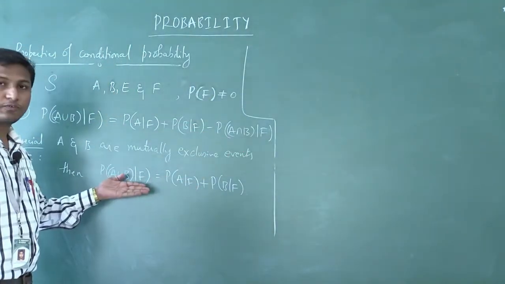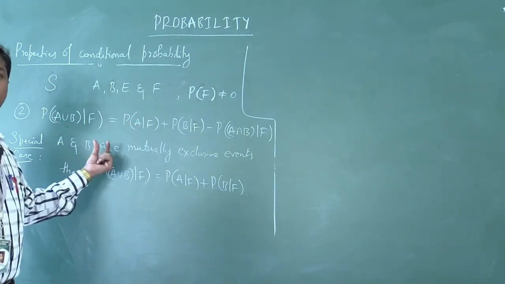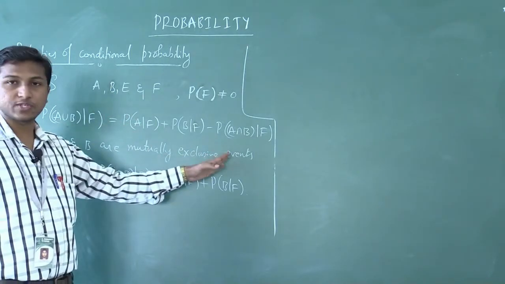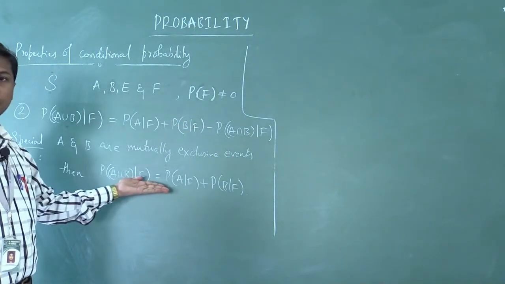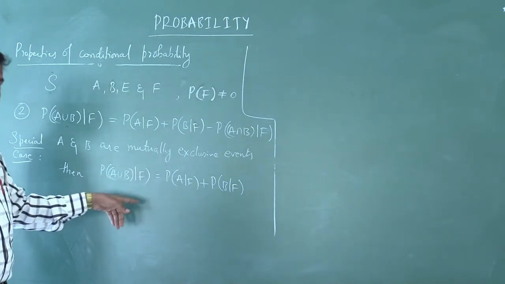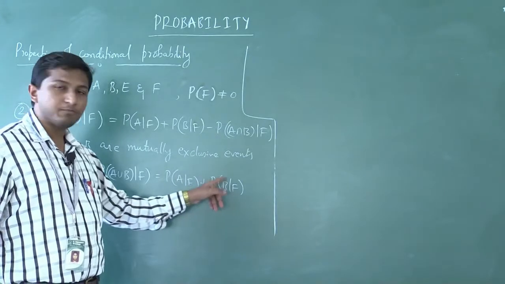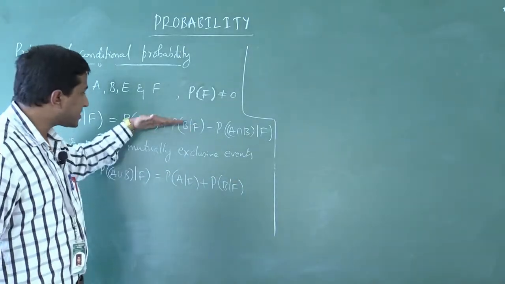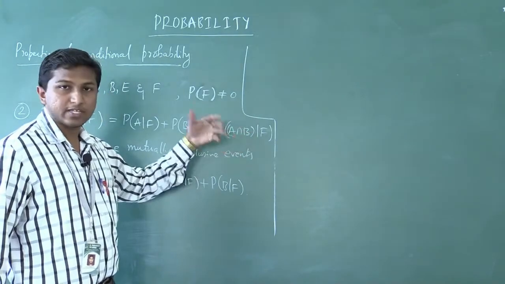We need to prove the special case of property number 2, when A and B are mutually exclusive events. Then property number 2 reduces to this result: P of A union B bar F equals P of A bar F plus P of B bar F. The only difference between these two is that the third term is missing.